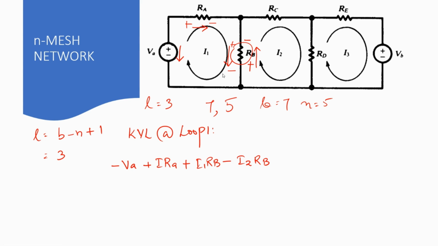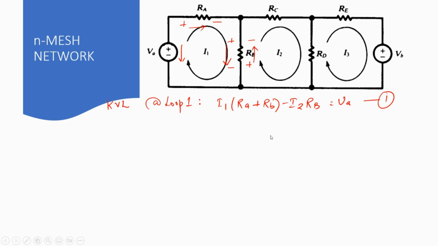So we consider that the direction of I1 is positive. Therefore, the direction of I2, which is opposing the direction of I1, is going to be negative, which is why the minus sign for I2. Now this is all put together and is equal to 0. So we can rewrite this equation as I1 (RA plus RB) minus I2 RB is equal to VA. So this is my first equation.